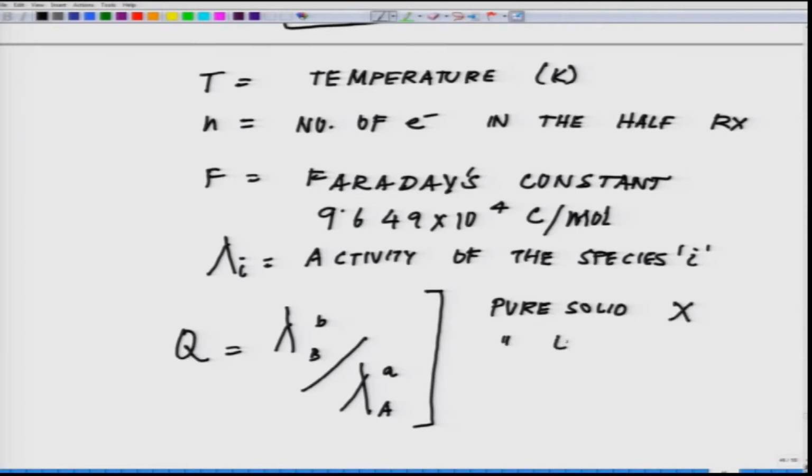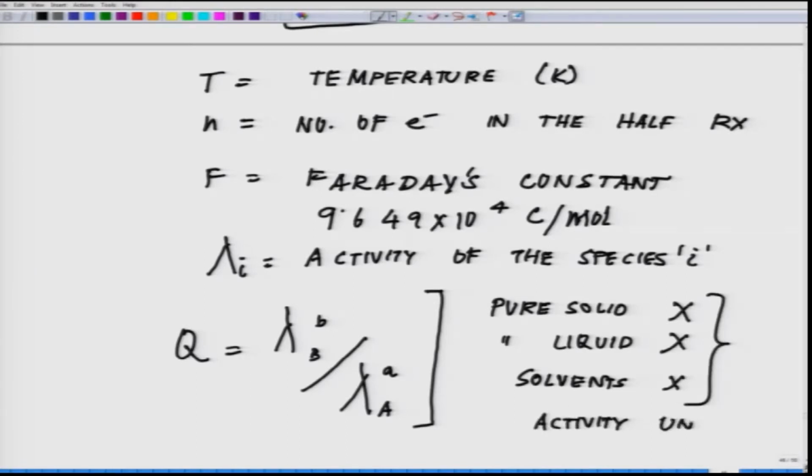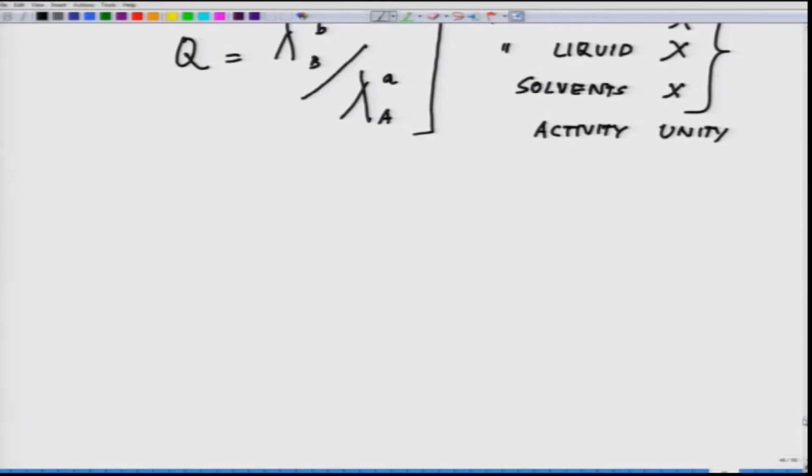Pure liquids, again you have to omit them, and solvents you have to omit them because their activity is unity, and if the activity becomes unity, then this whole equation will become 0, okay. Or close to unity.